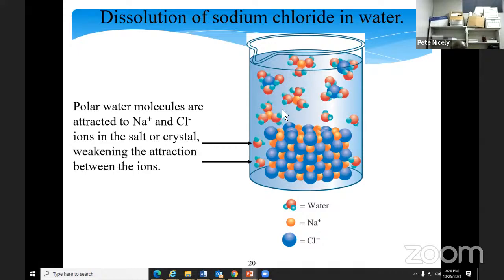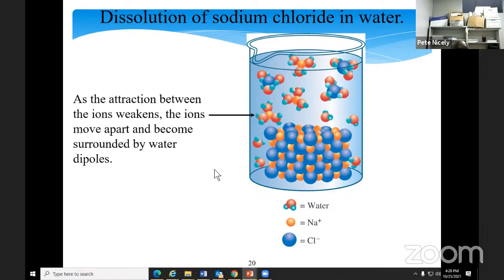So basically, what is happening here is that there's a stronger attraction of the water molecules for the ions compared to the ions' attraction between themselves, all right? And therefore, the sodium chloride will dissolve in water as a result. Okay, so that's basically what happens when sodium chloride dissolves in water. And this is true for pretty much any ionic compound which is soluble in water.